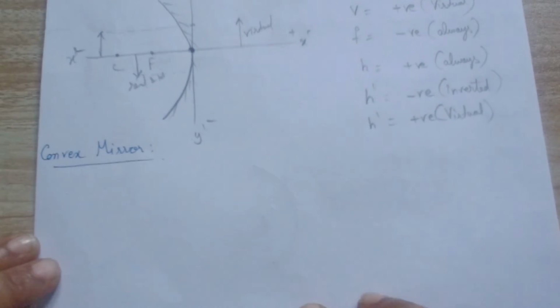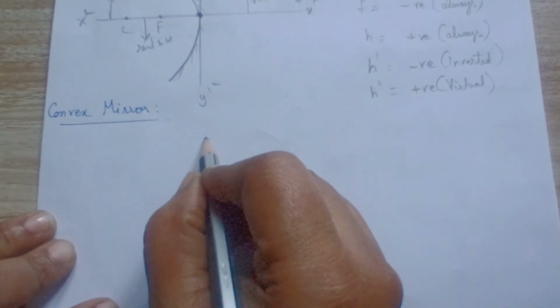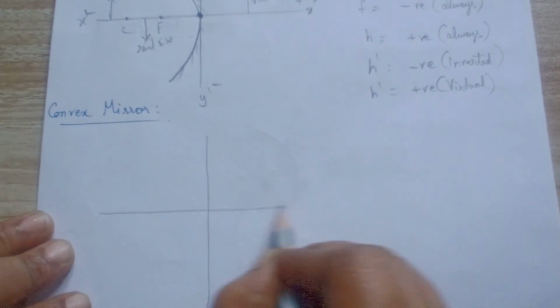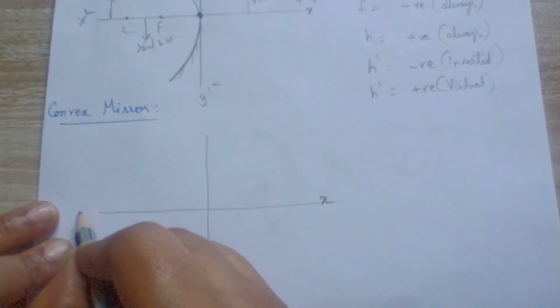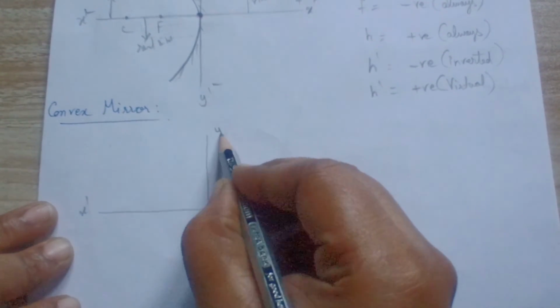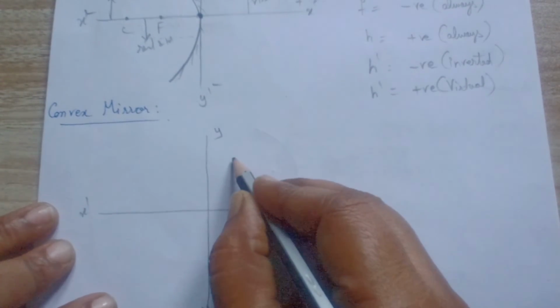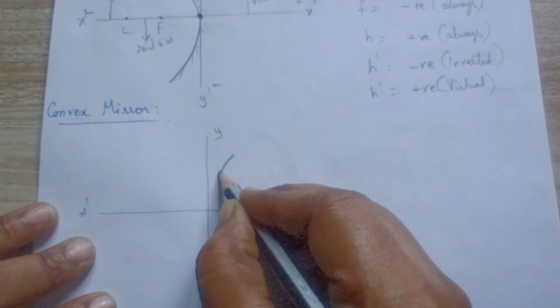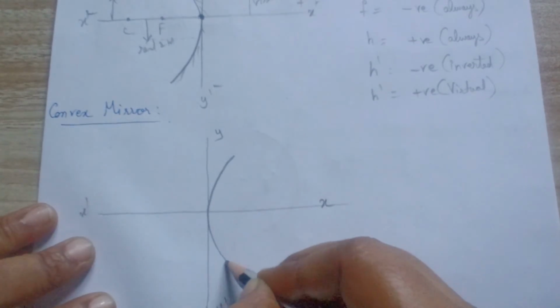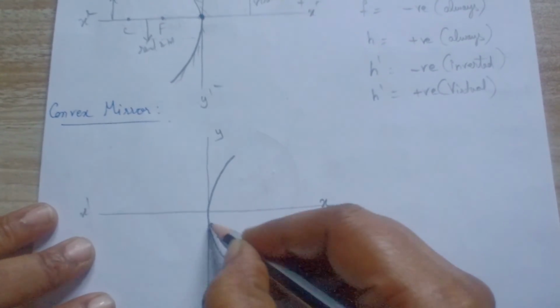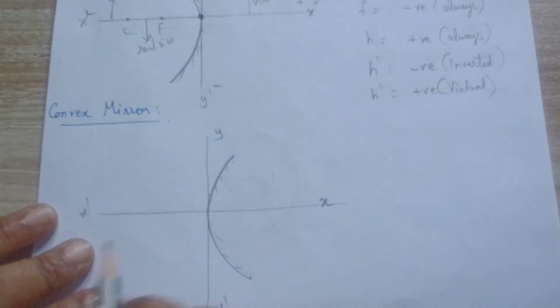In case of convex mirror, same thing. Draw the Cartesian plane. This is x dash, y dash. So your mirror will be like this, curved outwards. This is a non-reflecting part, right?